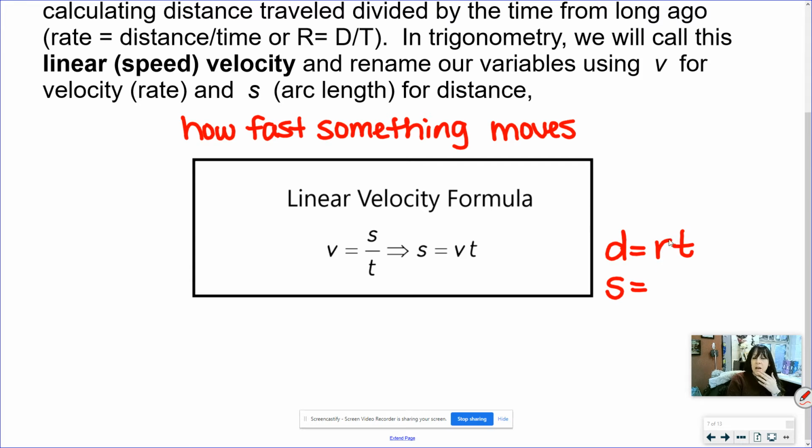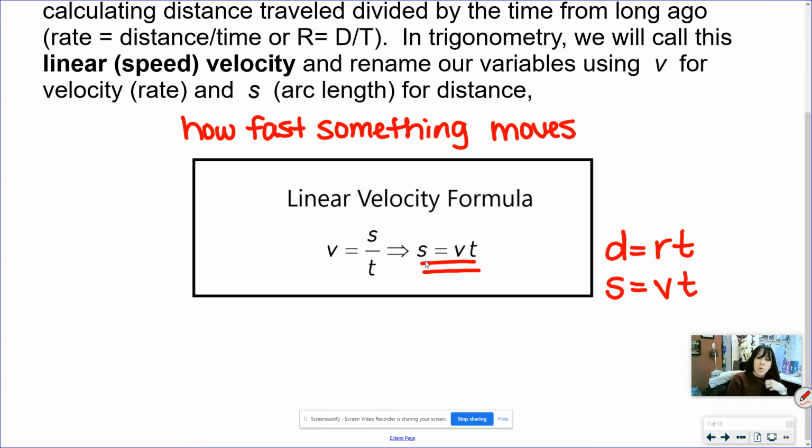R means rate, that means how fast you're going. In this formula, it's called V for velocity. Rate and velocity are the same thing, so use R, use V, it's the same. And then T is time. So this S equals VT formula is just the same as distance equals rate times time, okay?